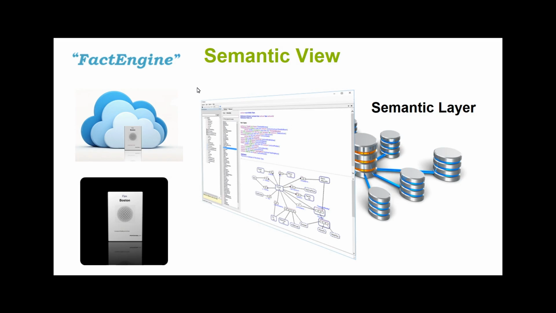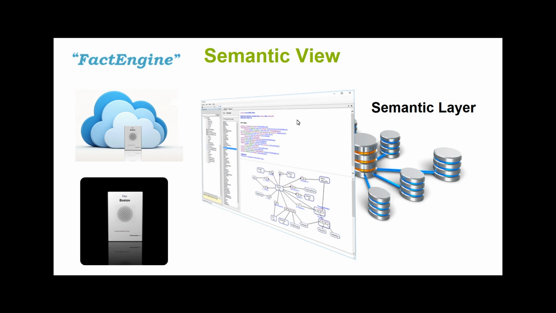FactEngine calls it the Semantic View, where Boston, so this is Boston sitting here, becomes a semantic view along with FactEngine over the top of either a semantic layer or your database or your data warehouse or your data lake, where we have three different types of view.